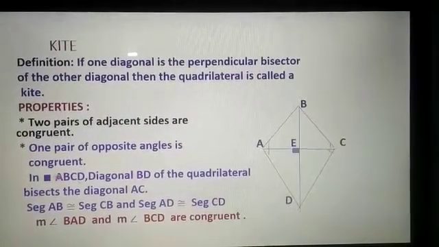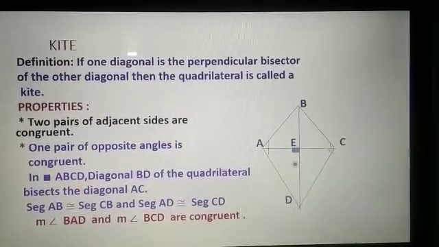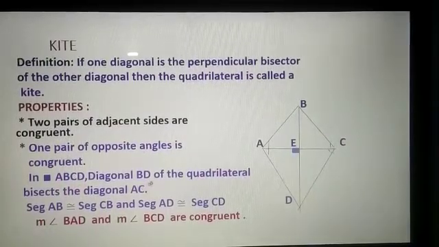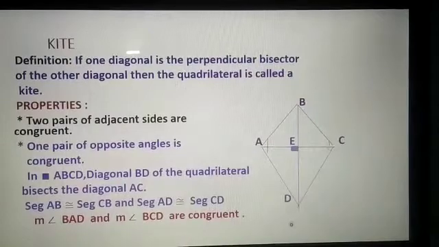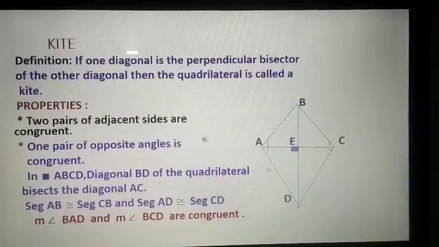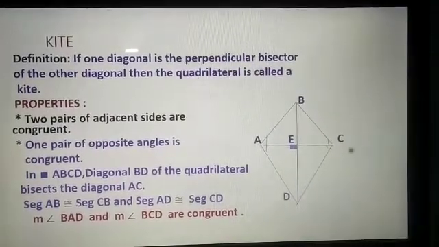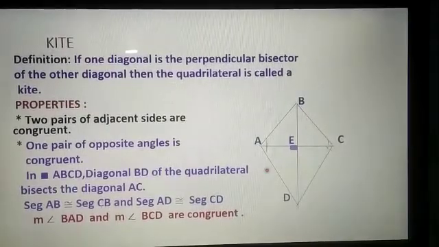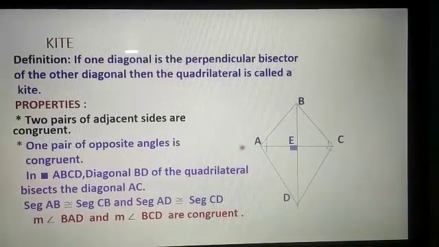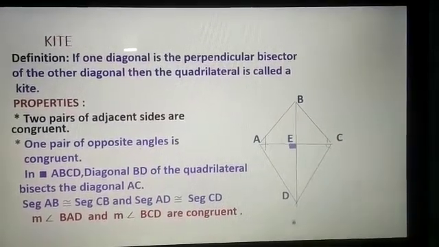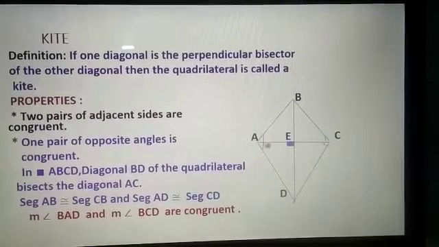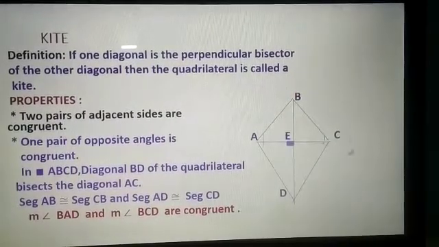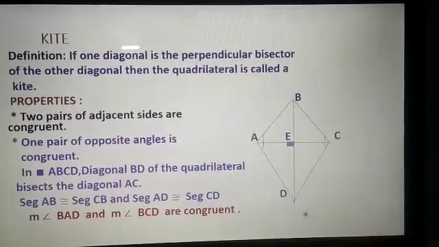Then in this quadrilateral ABCD, diagonal BD bisects the diagonal AC. Therefore, segment AB is congruent to segment CB and segment AD is congruent to segment CD. And measure angle BAD and measure angle BCD are congruent.